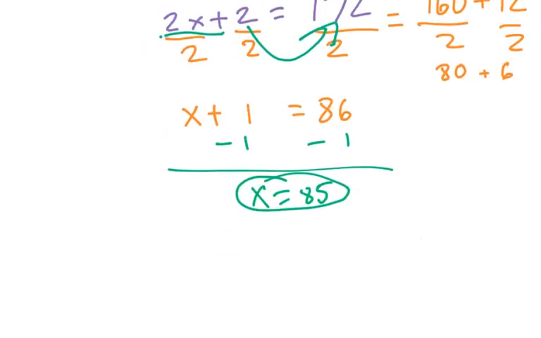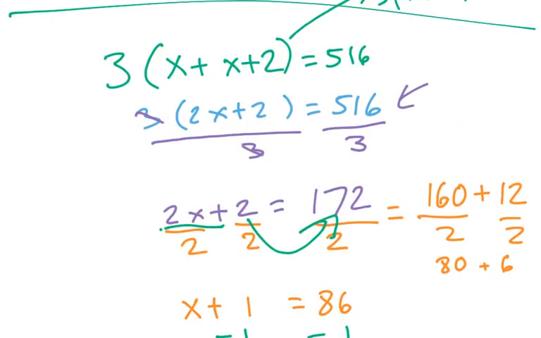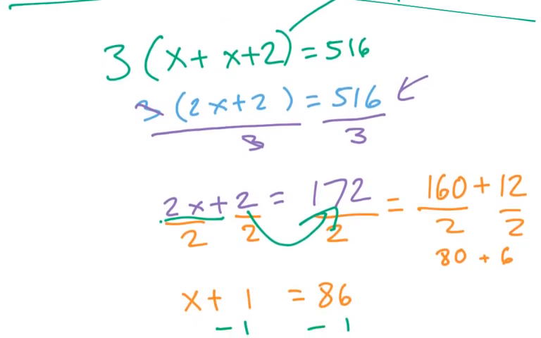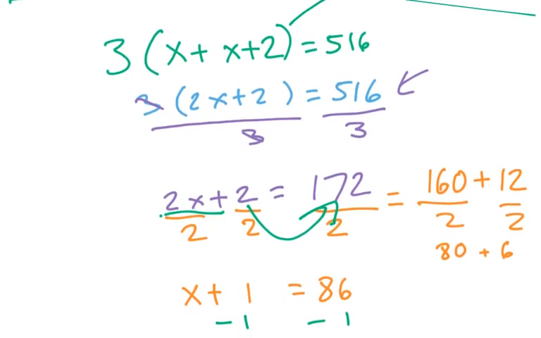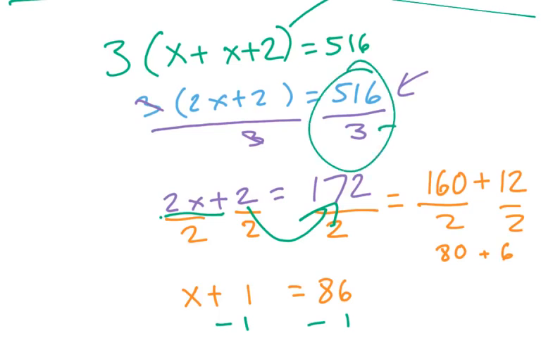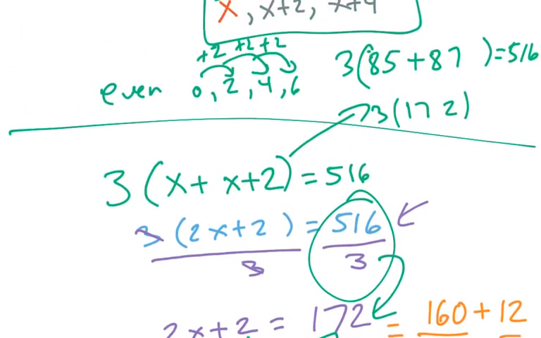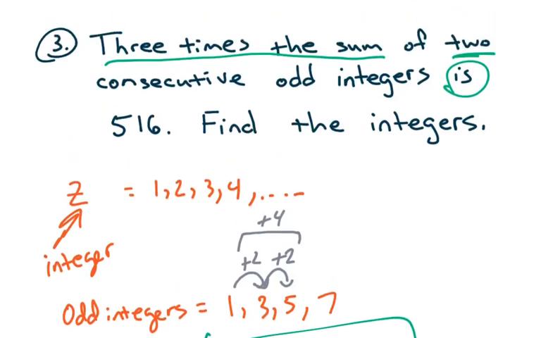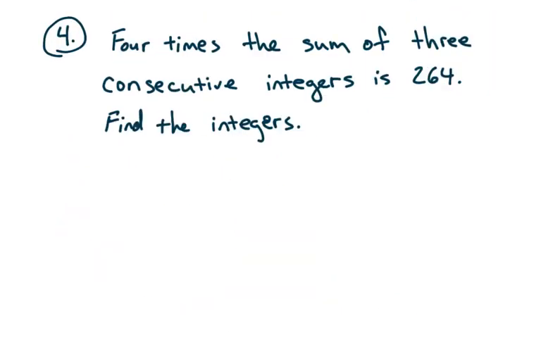Earlier here I had done 172 times 3. Right here is where I did it. Sorry. Divided by 3 gave me 172, so this has to be 516. So it is correct. So, there you have it. Hopefully that made sense, and let's jump on to the next one.